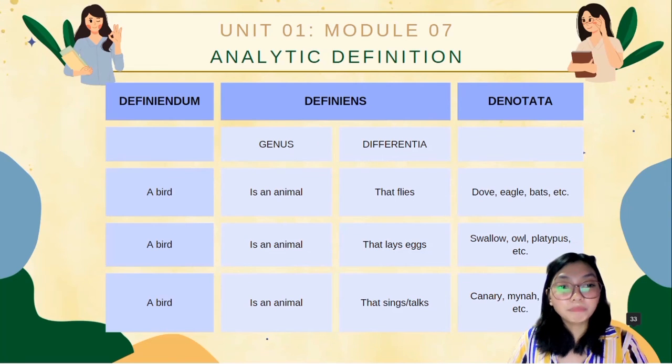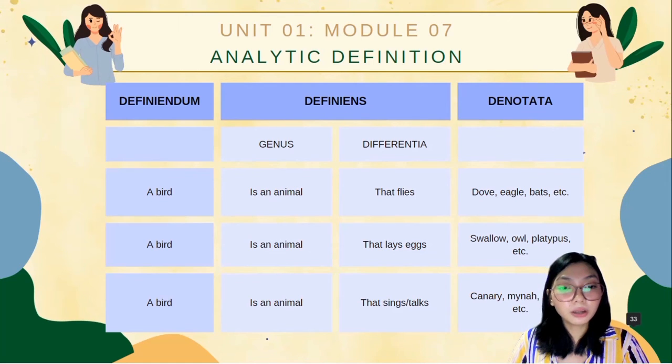Contrarily, the differentia that sings or talks is too narrow, that it can exclude animals that cannot sing nor talk but are genuinely members of the extension because they have feathers. With this, we can see the typical errors that we are predisposed to make in analytic definition.